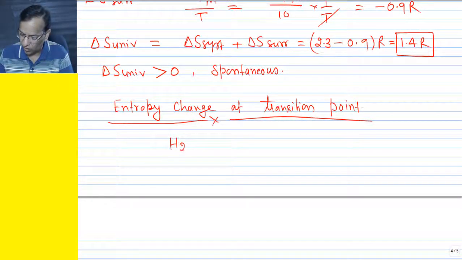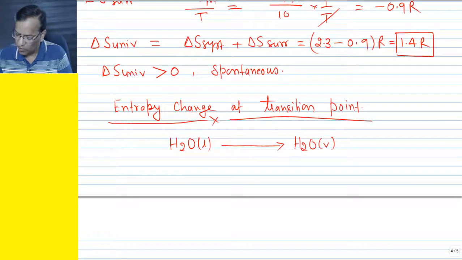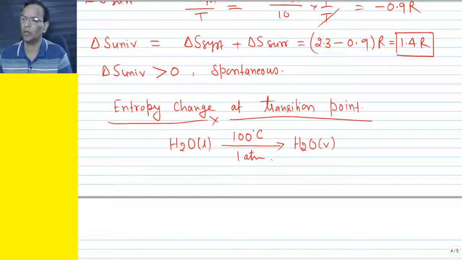Suppose we take a case of water which is liquid at room temperature, and its normal boiling point is 100 degrees Celsius. So if we convert water to water vapor at exactly 100 degrees Celsius and 1 atmosphere, which is the transition point of water at which phase change takes place from liquid to vapor state.